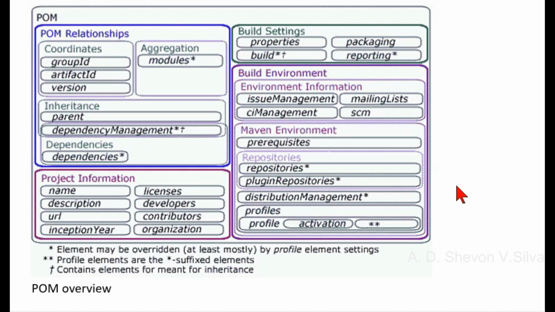We have established that the POM describes and declares. It is unlike Ant or make in that it doesn't provide explicit instructions, and we have noted that POM concepts are not specific to Java. Here you can see the project object model overview.